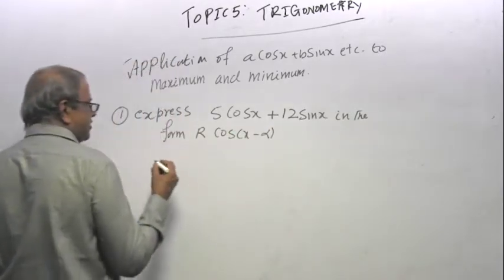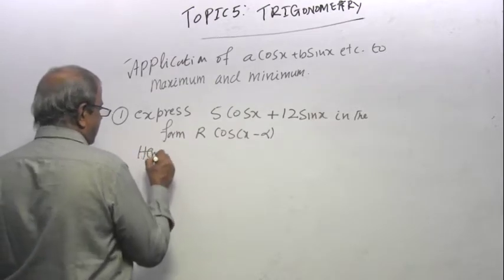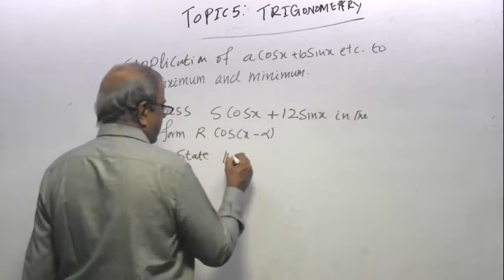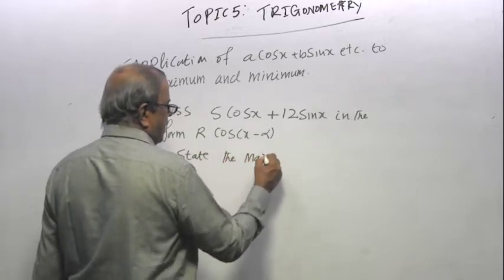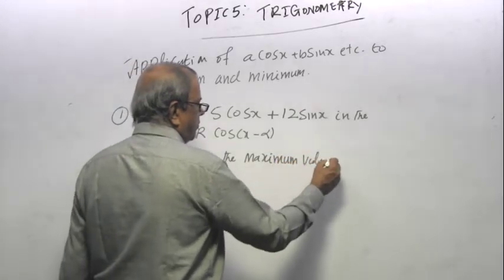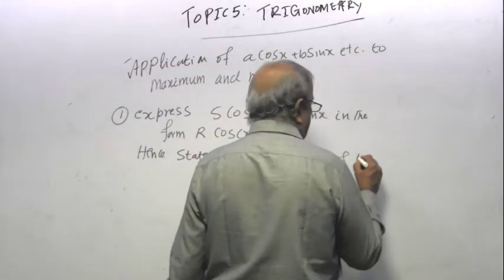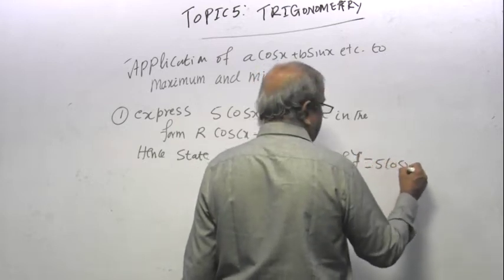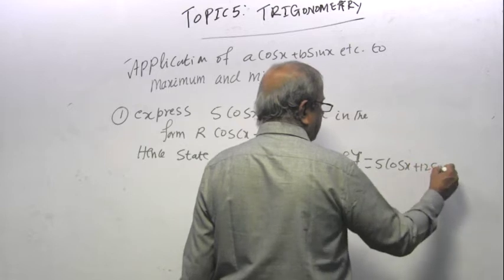I'm not going to say those things. Hence, state the maximum value of y equal to 5 cos x plus 12 sin x.